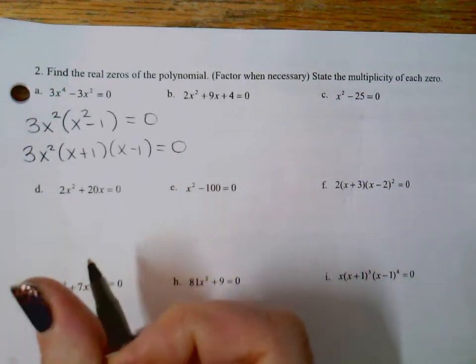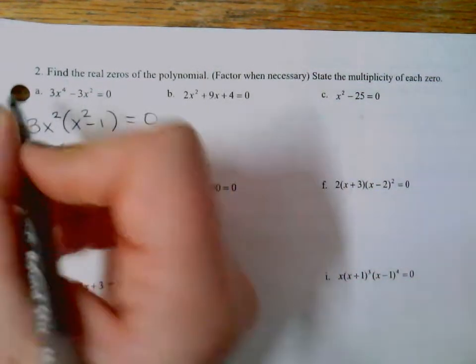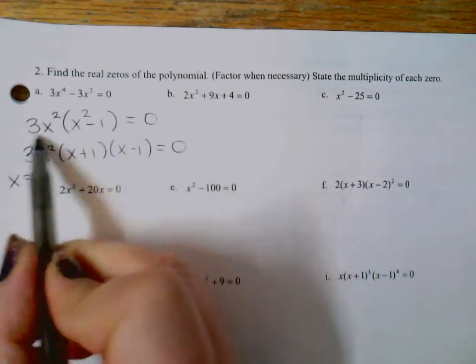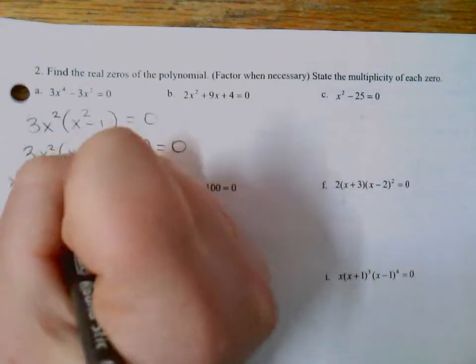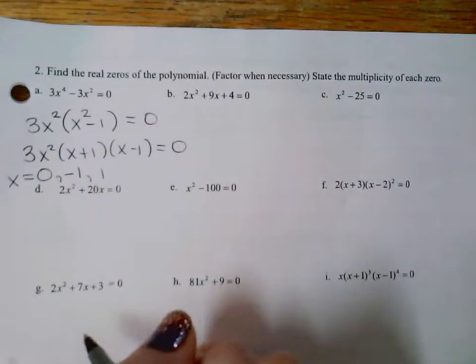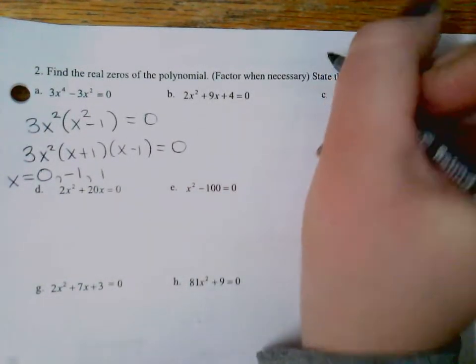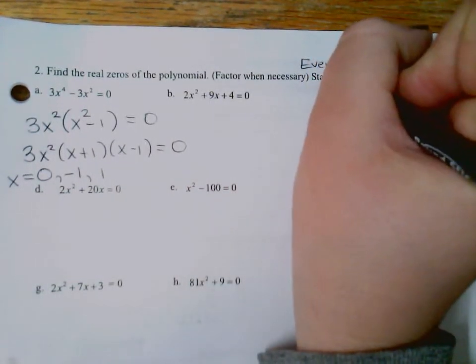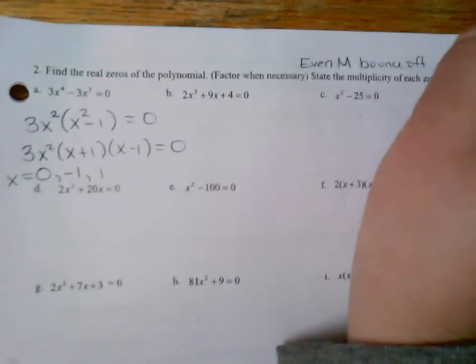So my last step is to discover the 3 zeros. So I ask myself, what will make this 0? 0 will. What will make this 0? -1. What will make this 0? +1. Then it says to state the multiplicity of each 0. Remember that when you're graphing, even multiplicity will bounce off the x-axis.